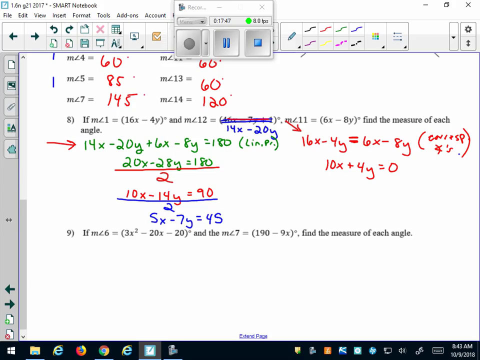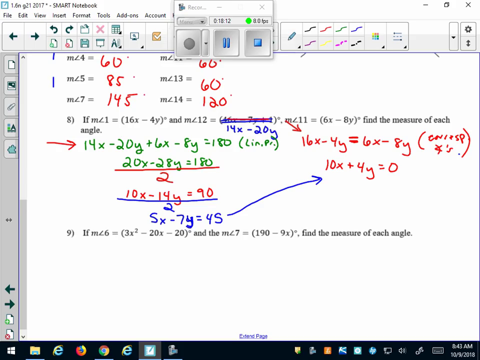So at that point, I can either use substitution or elimination. Looks like I should use elimination here because I don't see any variable that I can automatically isolate. So I'm going to put this equation here and try to get one of the variables to cancel out.